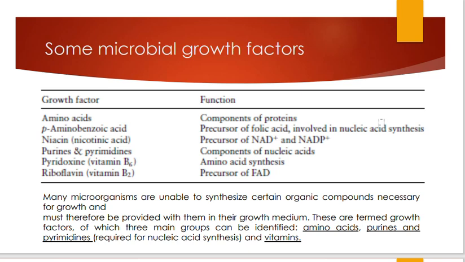So these are termed growth factors. The different growth mediums are termed your growth factors. Your growth factors can have three main groups, which can be identified as amino acids, purines and pyrimidines, both of which are required for nucleic acid synthesis of your microorganisms, and vitamins.